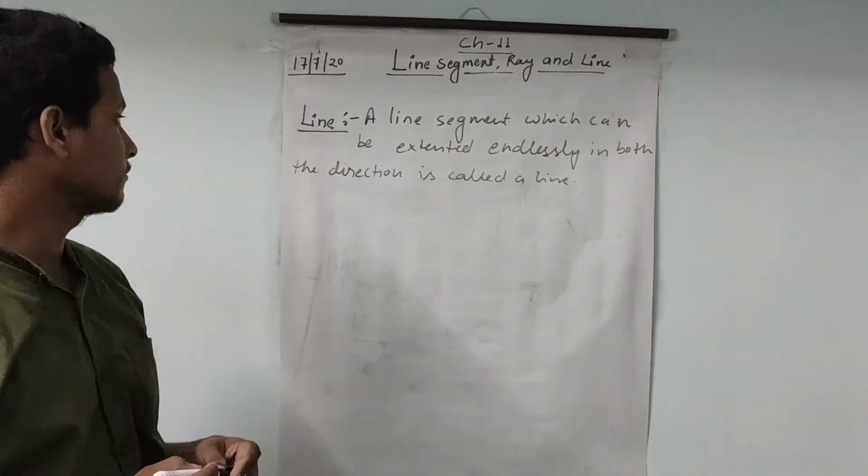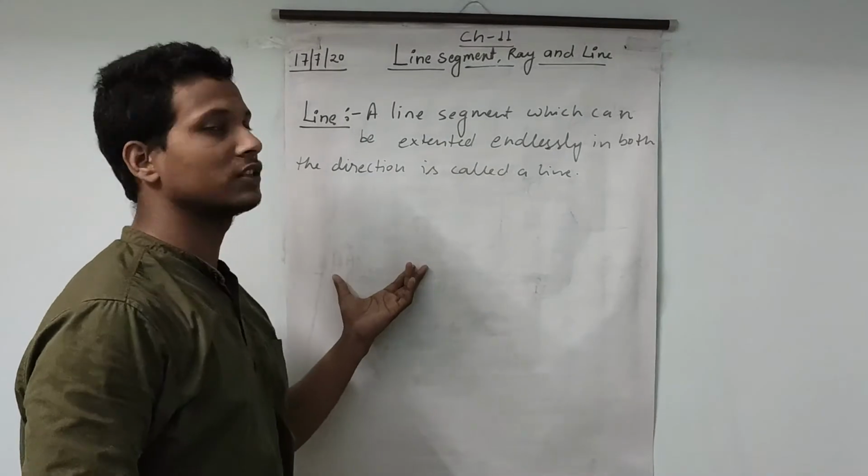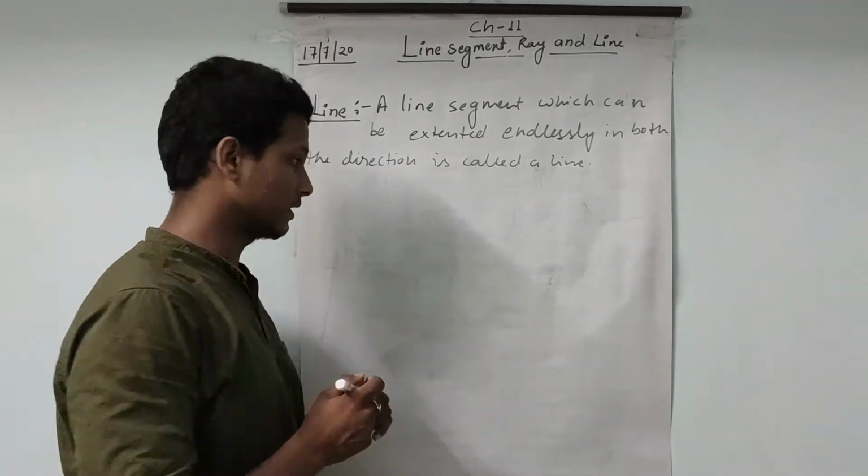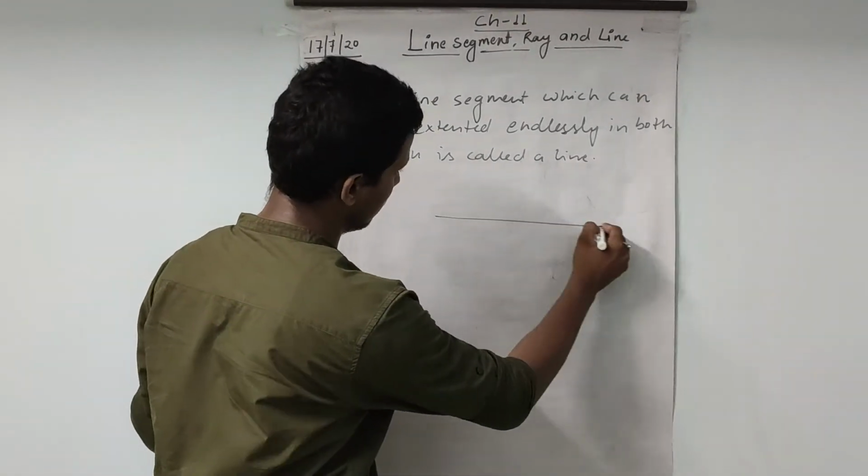For a ray we have only one direction, for a line we have both the directions. We can extend it in both the directions like this.